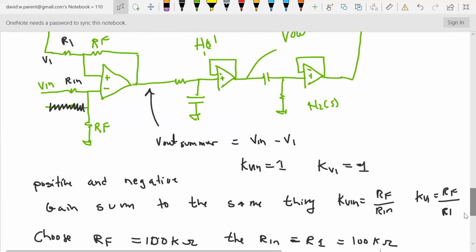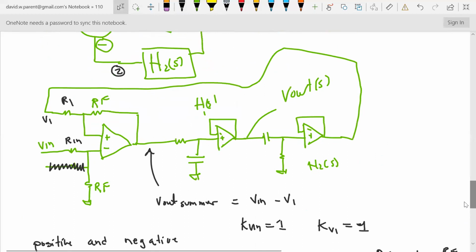So then, again, we already chose these values. So that would be 100K, 100K, 100K, all right there. Okay.